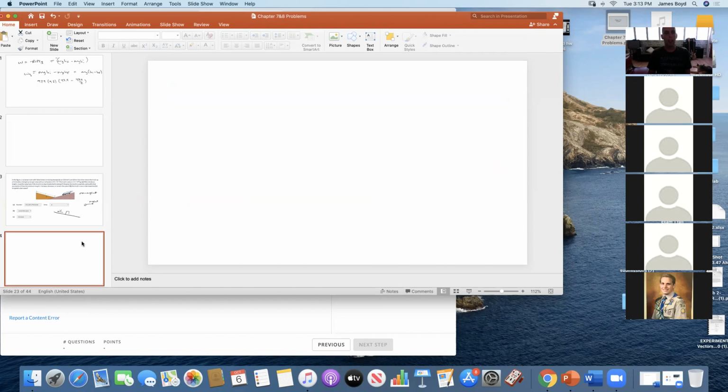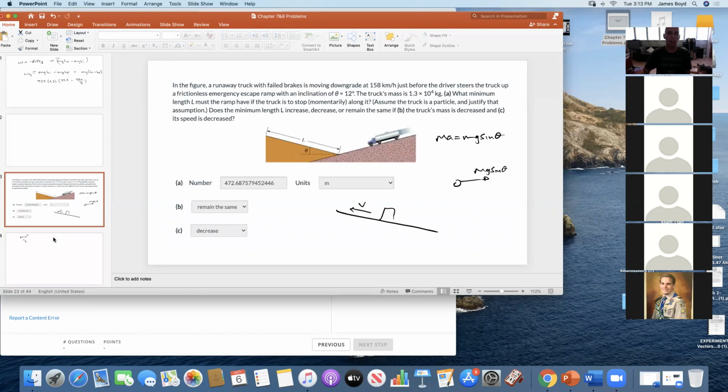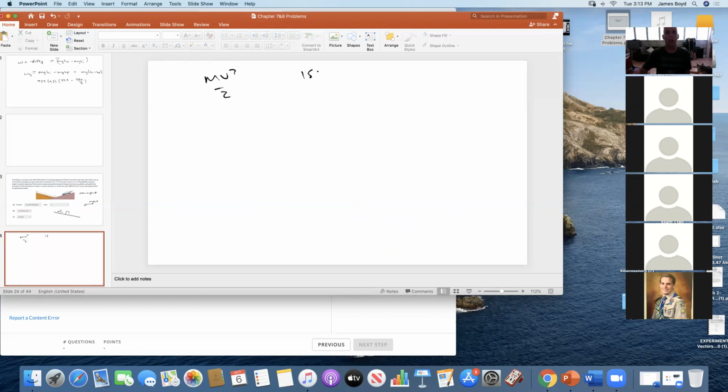He has a kinetic energy of mv squared over 2. And they told us the speed was 158 kilometers per hour. We'll talk about changing that as well. We'll do it now. 1 kilometer is 1,000 meters. 1 hour is 86,400 seconds. No, it's not.